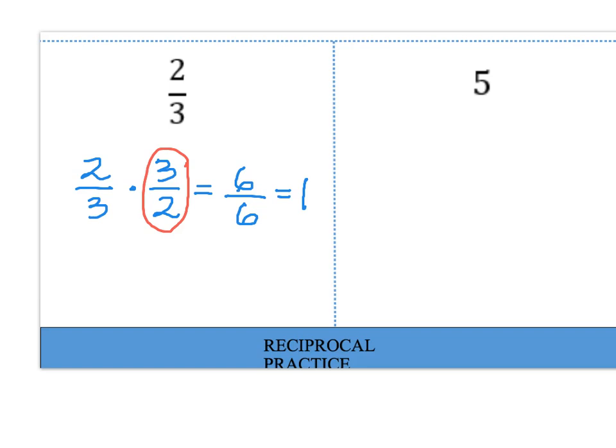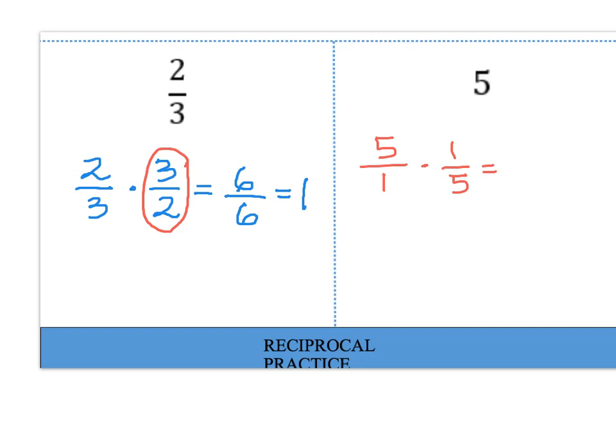So let's go ahead and try this second practice problem. If I have this whole number of 5, I can make it look like a fraction by placing it over a 1. And then I want to multiply it by the reciprocal, so I'm going to take the reciprocal of 5/1, which is 1/5. I could cross-cancel if I wanted to, or I can multiply straight across.